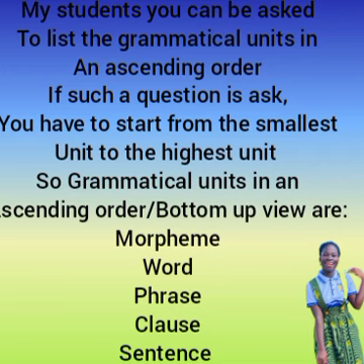My students, you can be asked to list the grammatical units in ascending order. If such a question is asked, you have to start from the smallest unit to the highest one. So grammatical units in ascending order or bottom-up view are morpheme, word, phrase, clause, and sentence.